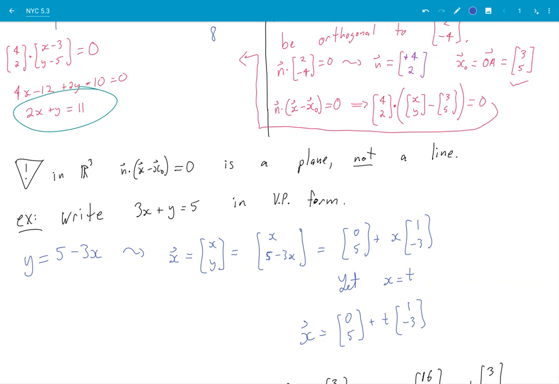Here's what we're saying: for a vector xy to pass this test, it must also pass this test.